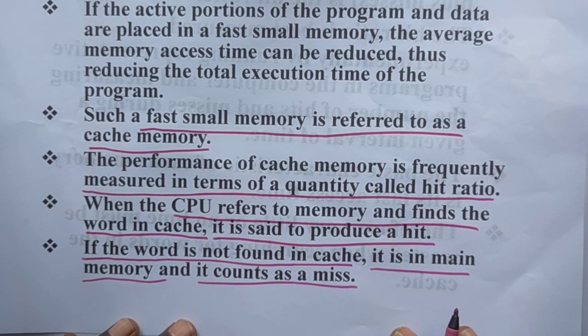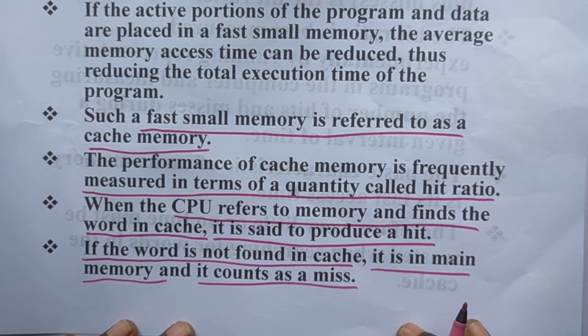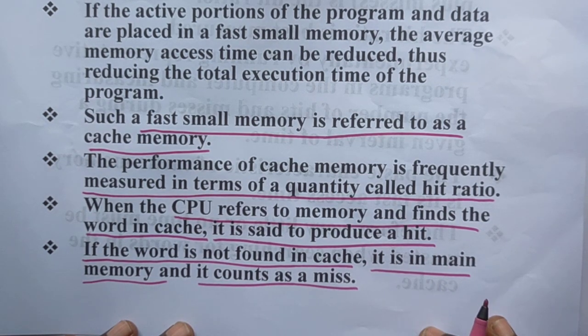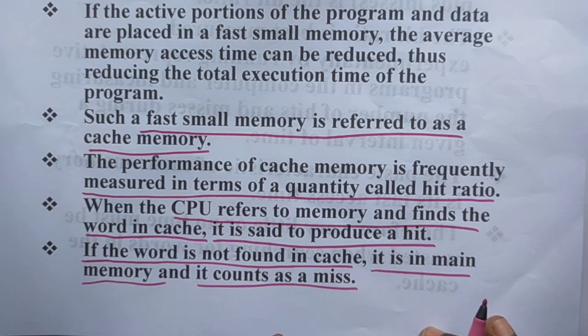Okay. That means if data is found in cache, we call it a hit. If not found in cache, we call it a miss. That means the data is available in main memory. So we already know what a miss and a hit are through this concept.